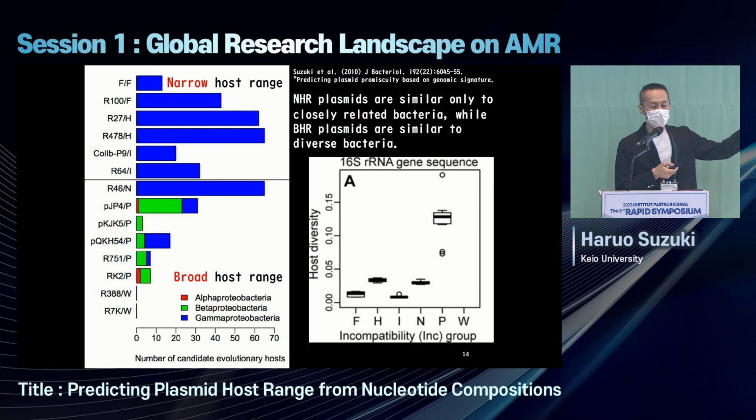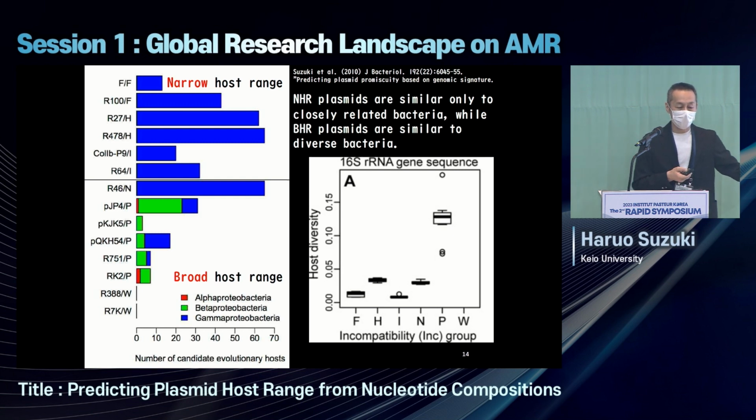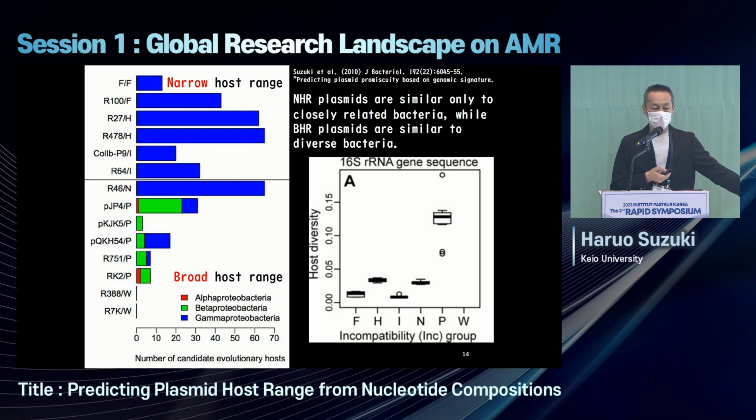The plasmids above the line are narrow host range plasmids like IncF, H, I. The plasmids below the line indicate broad host range plasmids like IncN, P, W. The different colors indicate different taxonomic groups: alpha, beta, and gamma proteobacteria.